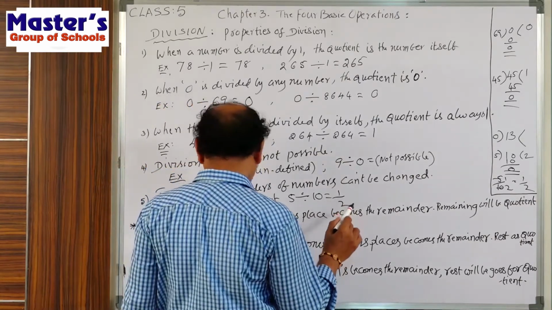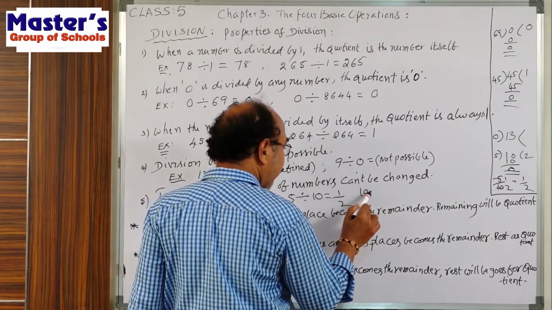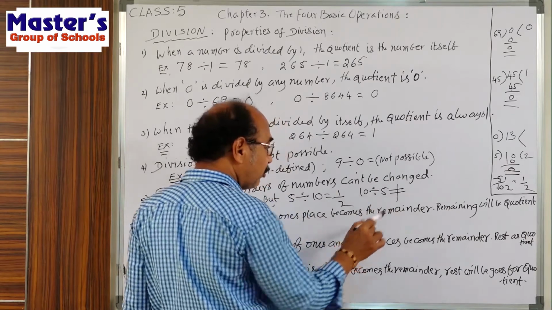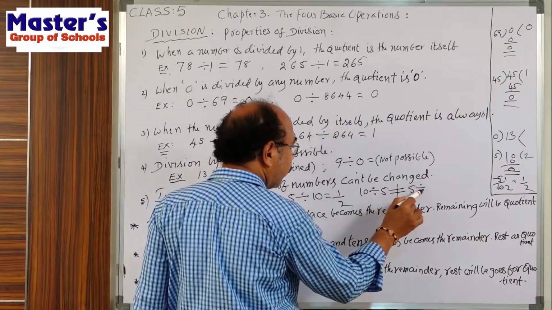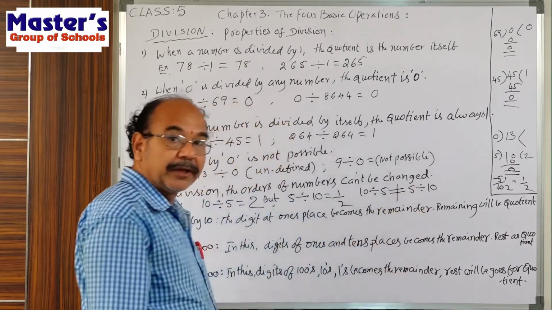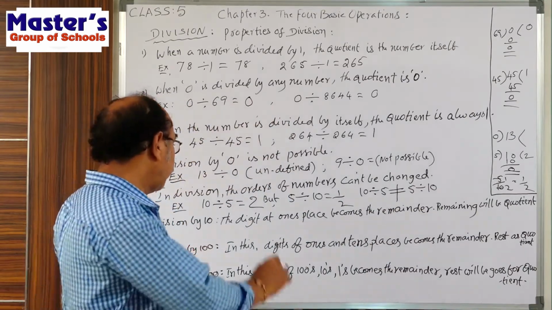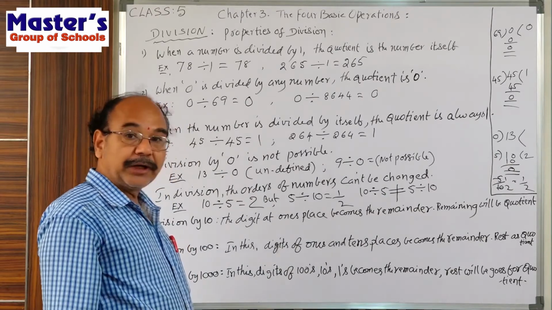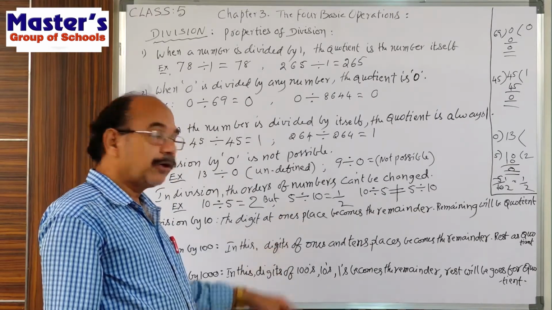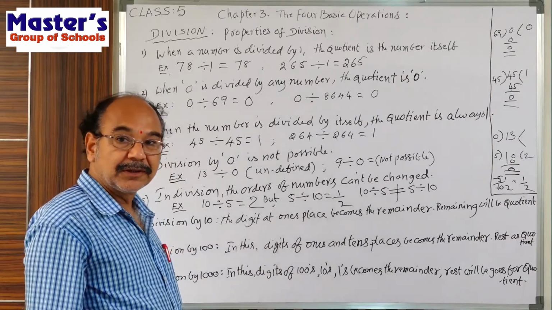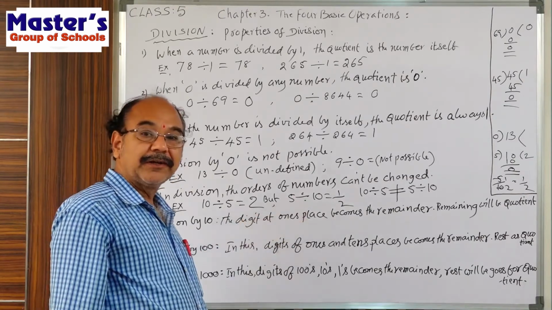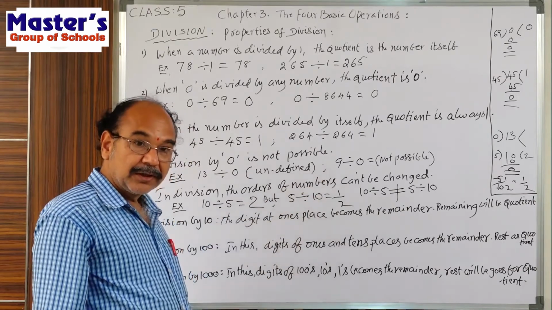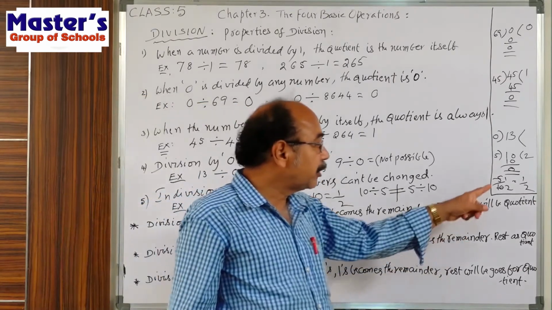So what we can understand here is that 10 divided by 5 is not equal to 5 divided by 10. In 10 divided by 5, you get 2, and 2 fives are 10. But by changing the order of the numbers, if you do the division, you will get 1 by 2. I showed the numbers as 5 by 10.